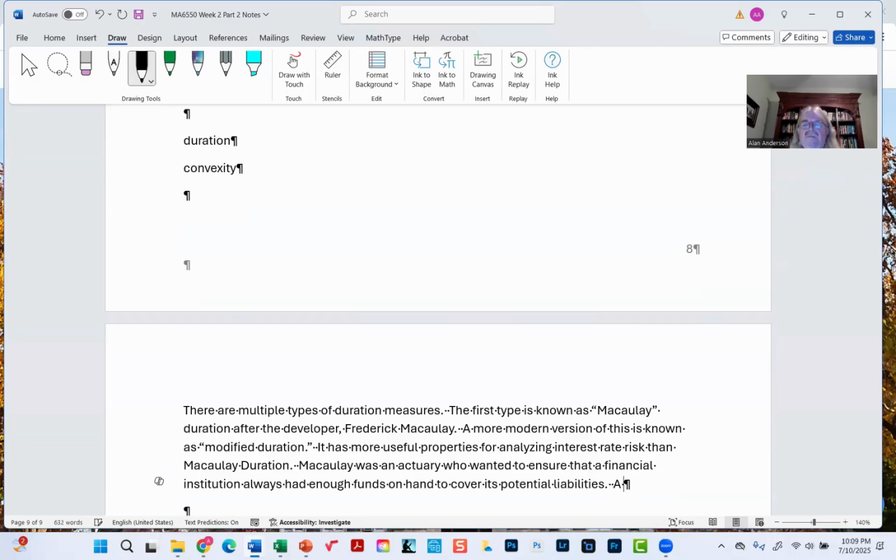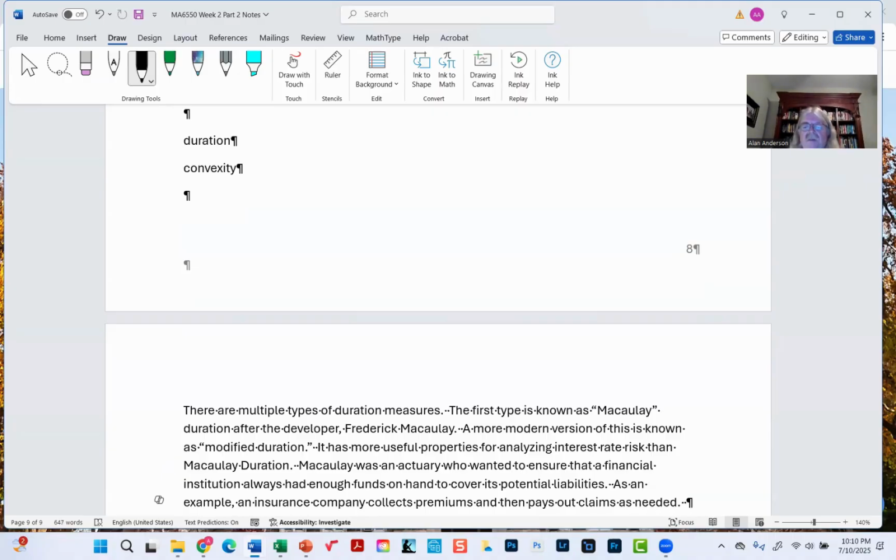As an example, an insurance company collects premiums and then pays out claims as needed. So how do they make sure they have enough money?